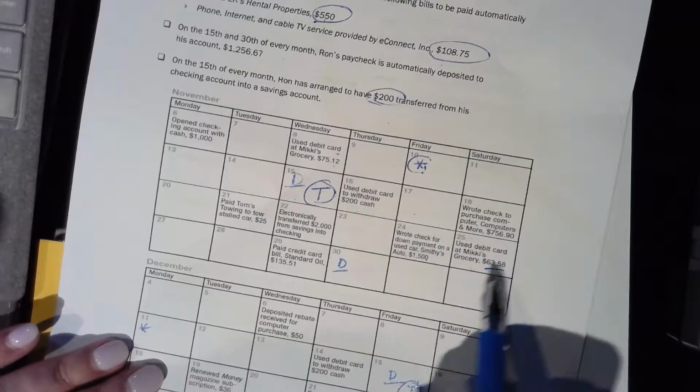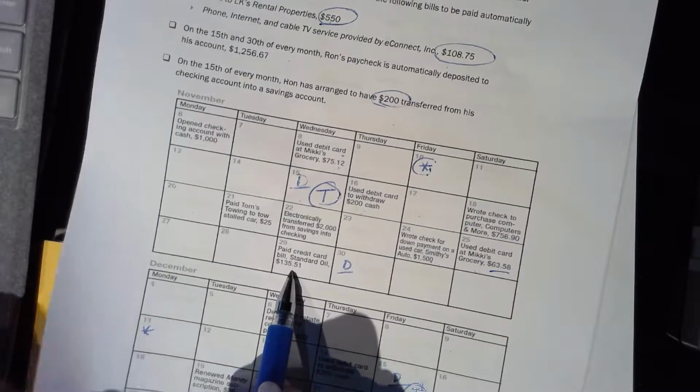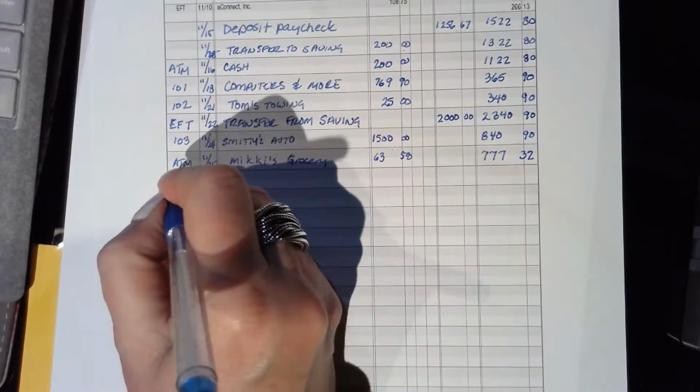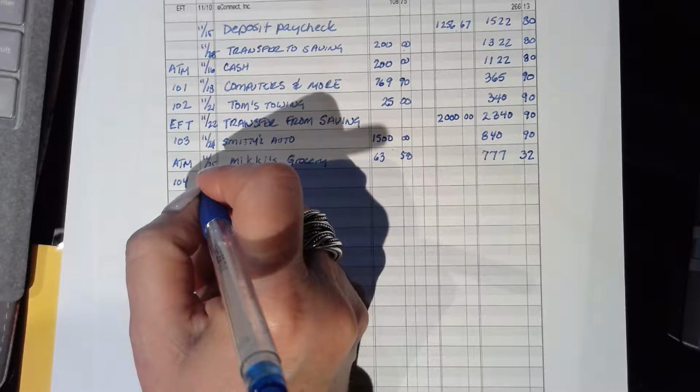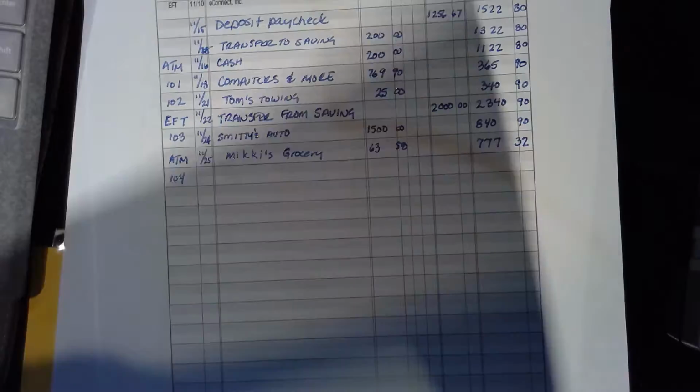Alright. On the 29th, he's going to pay a bill. It means he's going to put a check in the mail, probably. So he's going to write check number 104, and he's going to do that on November 29th.